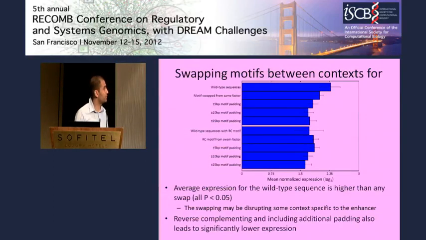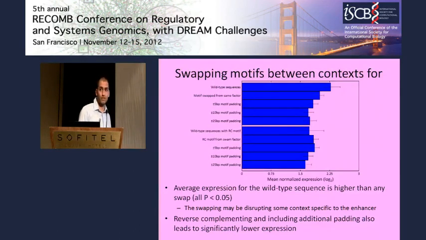So what do we see? Well, one thing that we could look at here is what happens if we just swap the motif instance amongst the same factor. So taking, for example, all the 10 HNF4 motifs and swapping them between them. And what we found is that the wild-type sequence was significantly higher than any of the other ones, which suggests that the motif is somehow tied to the specific sequence that it's being found in.